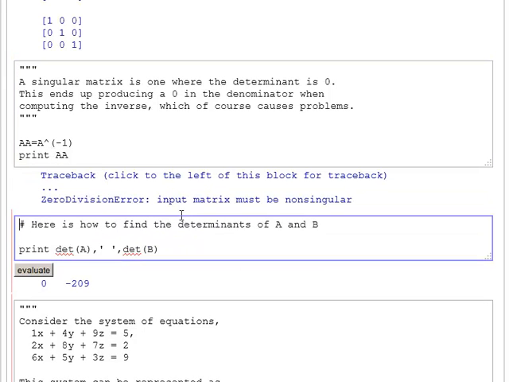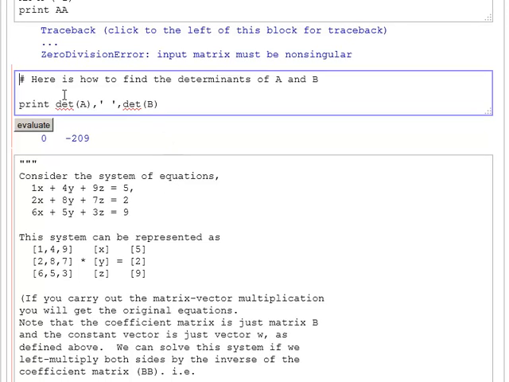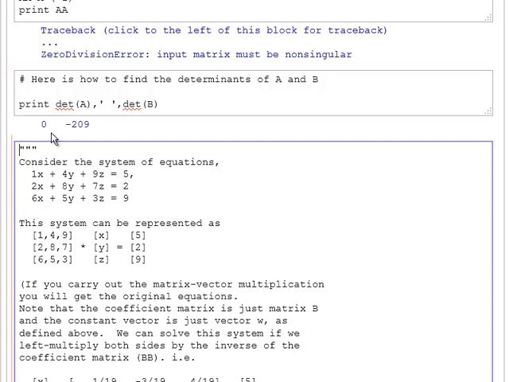There it is. If you're interested to find out whether a matrix is going to give you that kind of problem, rather than trying it out first, you could find the determinant of the matrix. If I take the determinant of A, notice it comes out 0. The determinant of B, on the other hand, comes out a non-zero number. It doesn't really matter here what it is. It's negative 209.